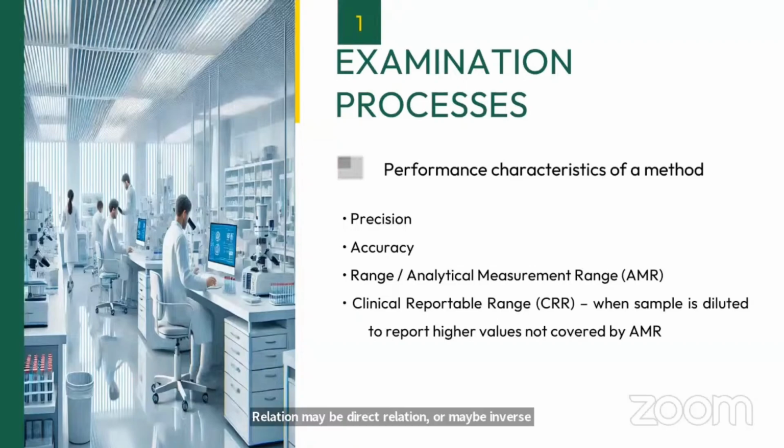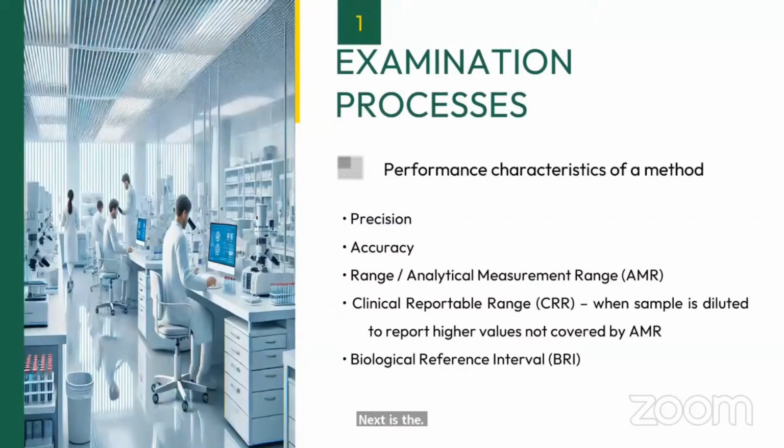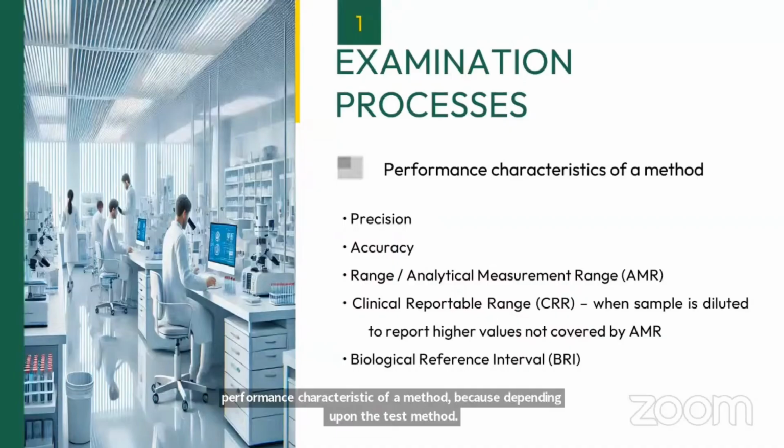Those relations you can verify with the help of dilution studies to come to an appropriate clinically reportable range. Next is the biological reference interval. This is also one of the performance characteristics of a method, because depending upon the test method, the biological reference interval may vary.